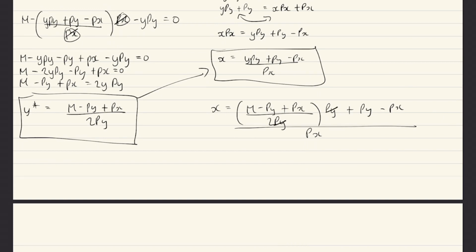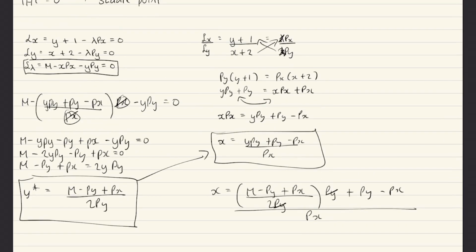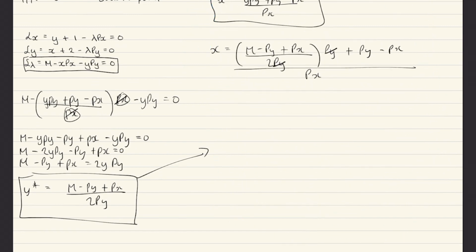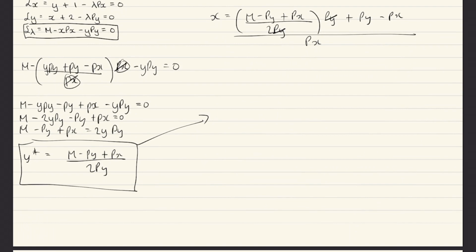We're cancelling the py's, and let me just scroll up so I don't have to go on another page. So we have x is this, right? We've cancelled out the py's because it's the same thing as over here, right? So we just get x is equal to m minus py plus px all over 2 plus py minus px all over px.